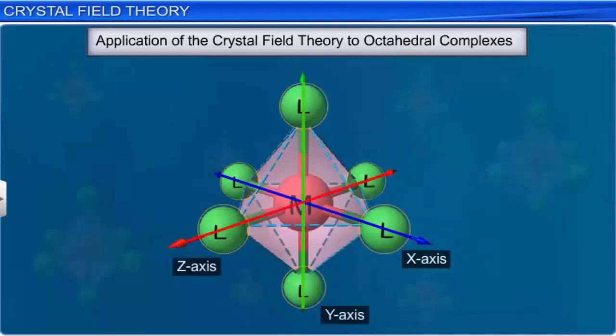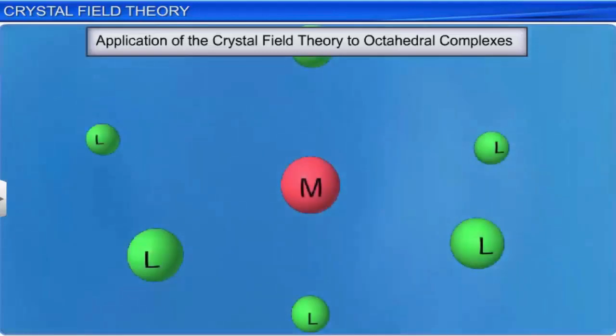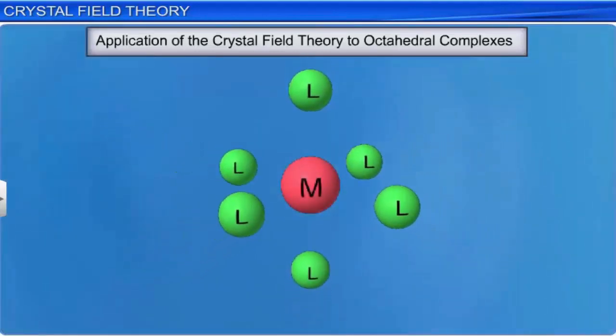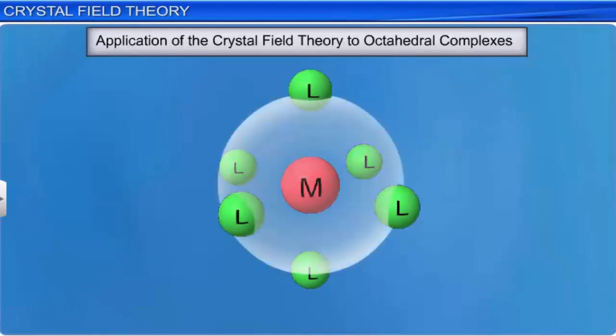So the orbitals lying along the axis. What are the orbitals lying along the axis? dx square y square and dz square. These two orbitals will experience a strong repulsion, and the energy gets raised.